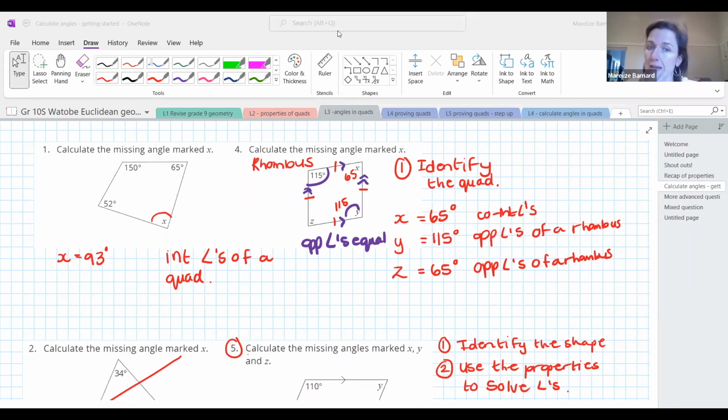And that the opposite sides of a rhombus are parallel? Yes, ma'am. So if the opposite sides of a rhombus are parallel, then we can use co-interior angles. So this is 115 and that is X. So together they're co-interior, so they must add up to 180. Oh, yes, ma'am. That's how we got the 65. Oh, thank you, ma'am.